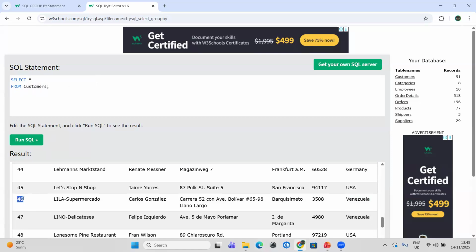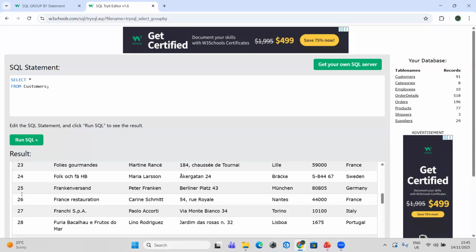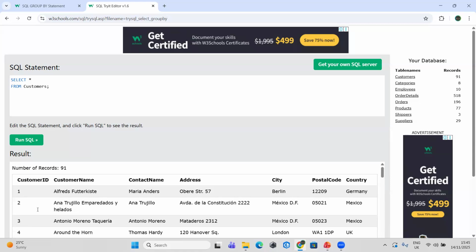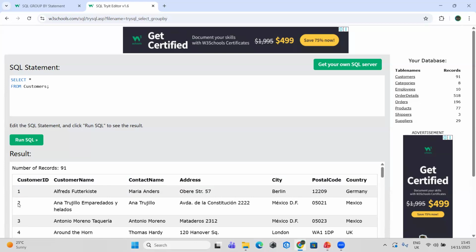Like maybe you are from India, you have one ID. I mean, just for example, there are two different persons. There can be many people from different countries. So each person has a customer ID. So if I say group by Mexico, what it does is it takes all the Mexicos here and then it says for Mexico, I have found five people. So five customer IDs. So the count of these customer IDs will be five.